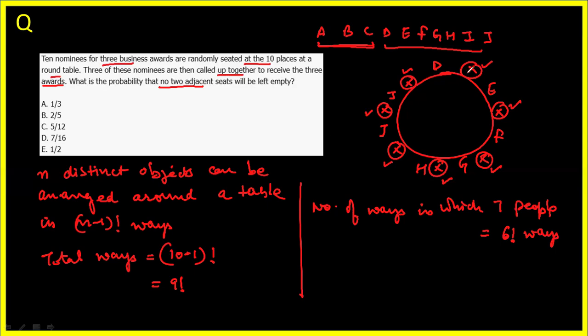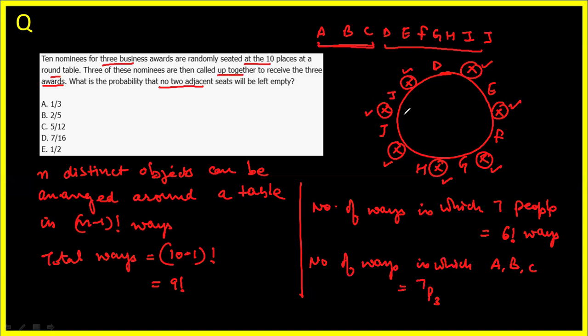So in how many ways can you pick 3 chairs or 3 positions out of these 7? That is 7P3. Why? Because it's a permutation. The order matters here. So the number of ways in which ABC can be seated will be 7P3, because there are 7 positions and you require 3 out of them.